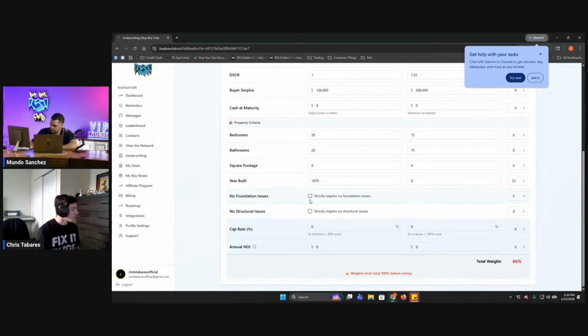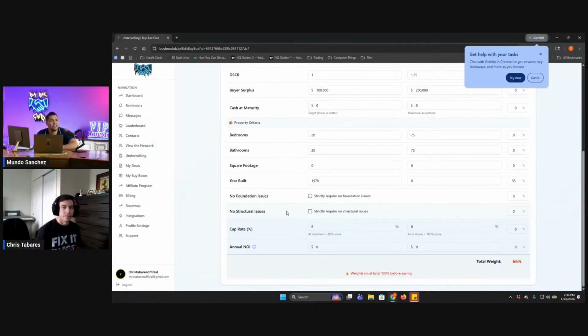Foundation: strictly require no foundation issues? He said he was okay with some value add. He's fine with that, as long as it's not a complete, very, very bad thing. Now, foundation versus structural, one of these is probably more expensive than the other. What would you say about that?